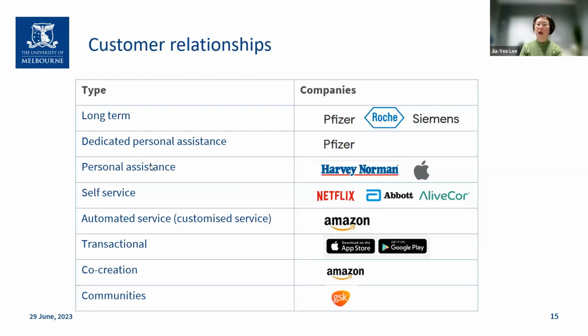Personal assistants are really like the Harvey Normans, and if you go to an Apple store, there's always a salesperson there, who comes up and says hello to you and helps you out with some of your decision making, right through to a self-service where there's no one there. You go to a web store, you subscribe to that service.